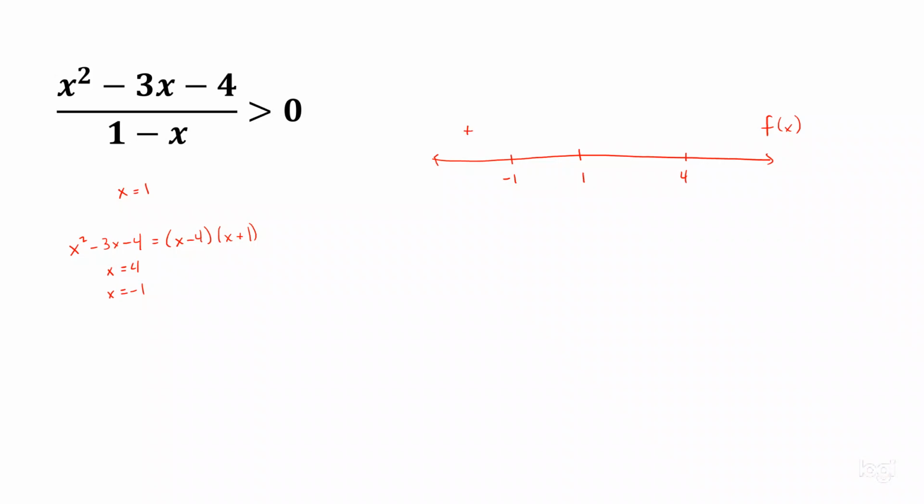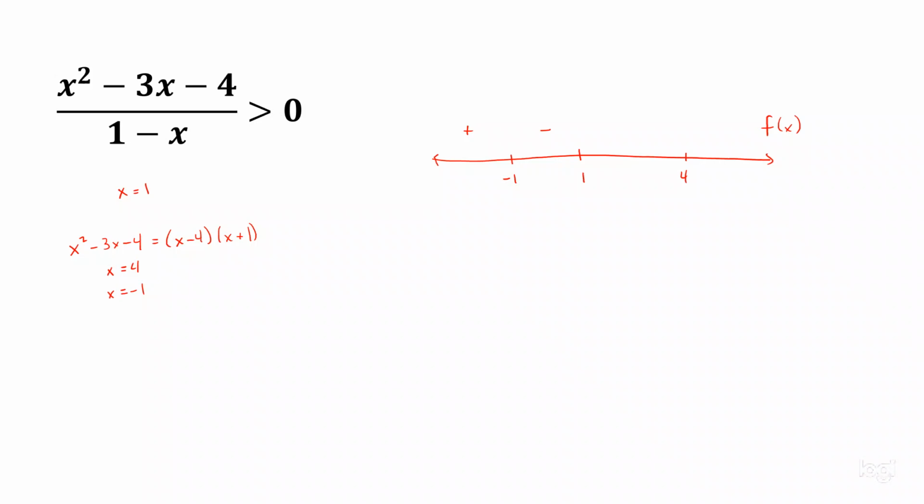Between negative 1 and 1, we have to test with one value. The easiest value in this region would be 0. So we'll plug 0 into our function, and the numerator is negative, the denominator is positive, so the function is negative. Between 1 and 4, this is a little bit harder, but we'll choose some value. Let's try 2.